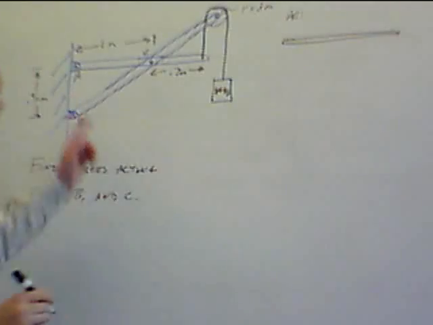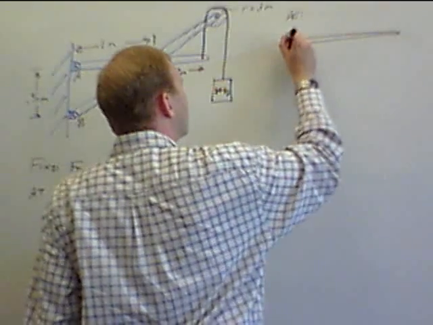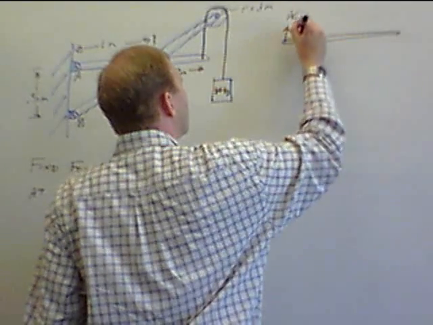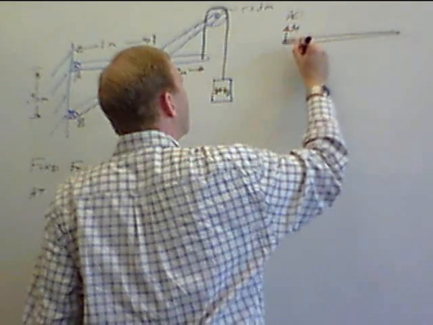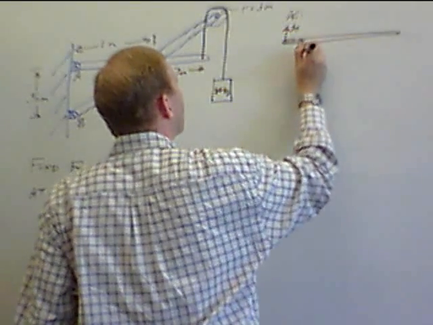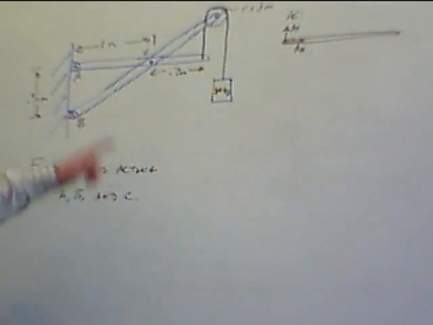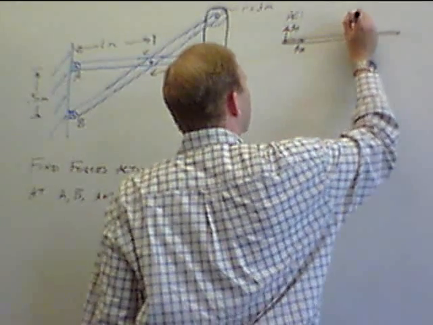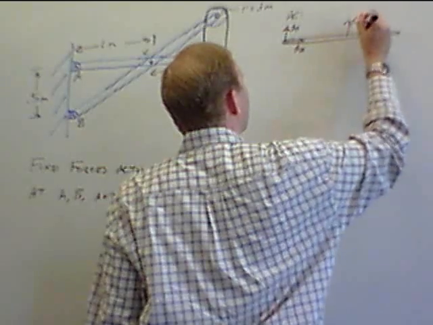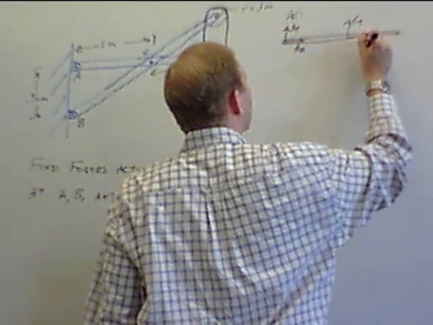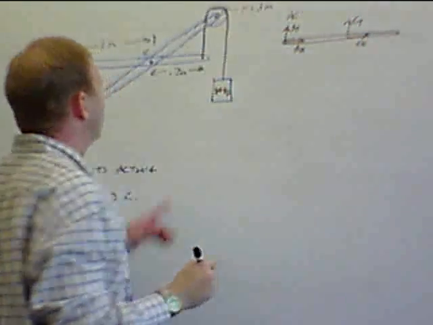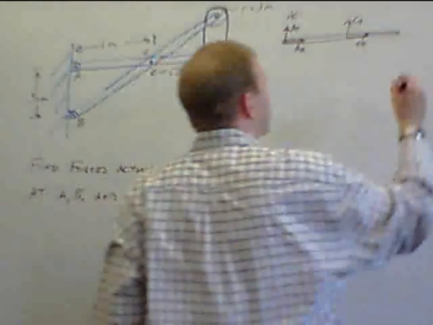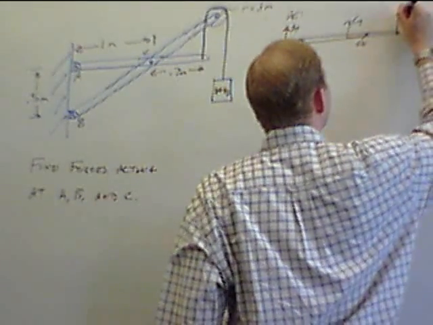So at A, we're going to have support forces, AY and AX from the pin joint here. At point C, we're also going to have supports from the pin joint, CY and CX. And then at the end here, we're going to have this force pulling upward from the cable.